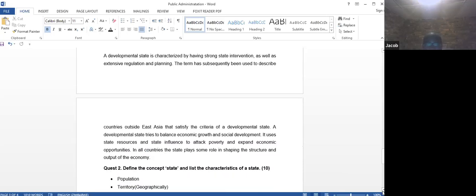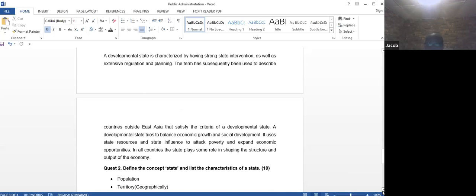It uses state resources and state influence to attack poverty and expand economic opportunities. So the resources that are used to ensure that the country develops come from the government, from the state. The government funds infrastructure development projects like road construction, like the Moloto road construction in Limpopo.